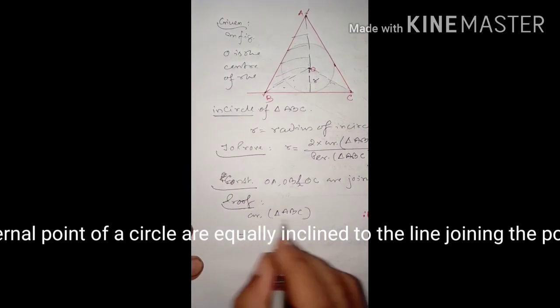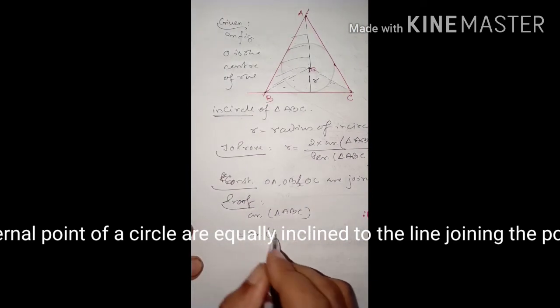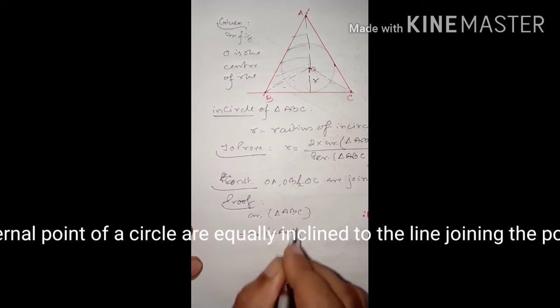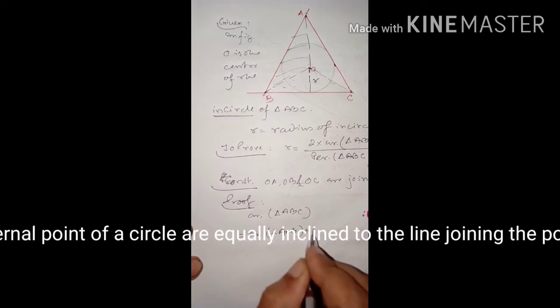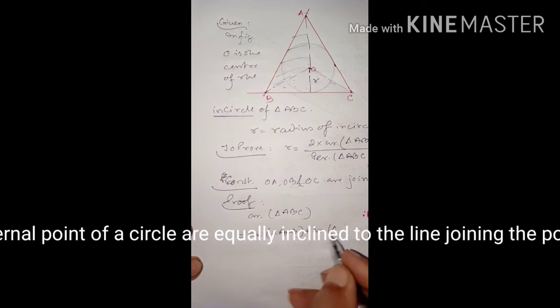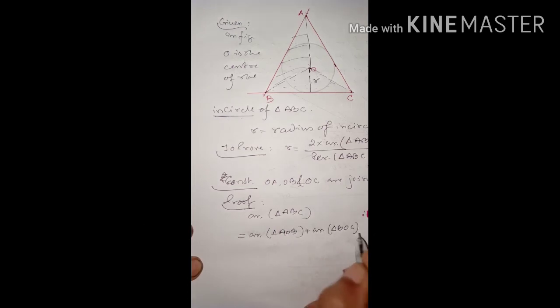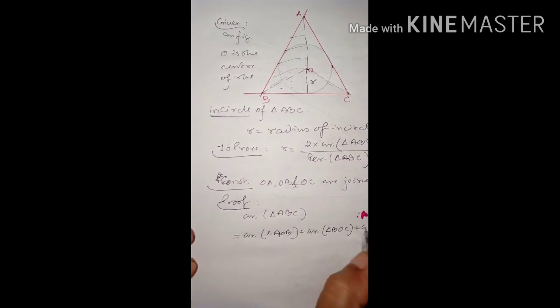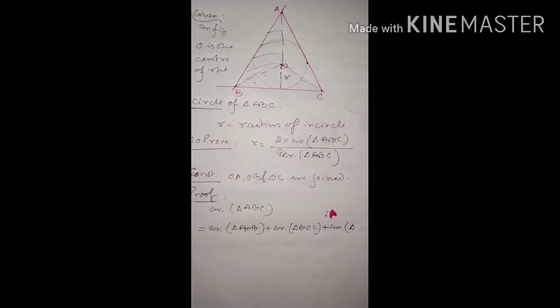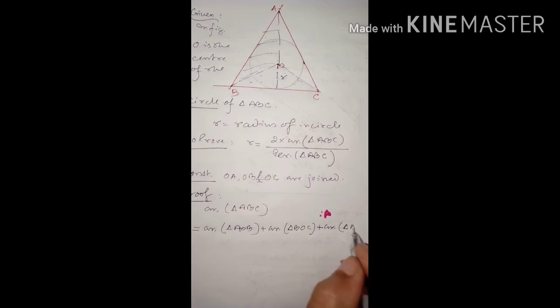So area of ABC is the area of triangle AOB plus area of triangle BOC plus area of triangle AOC. So I have written the area of the whole triangle ABC as a sum of the three areas.